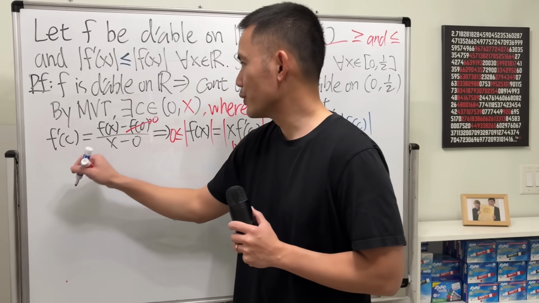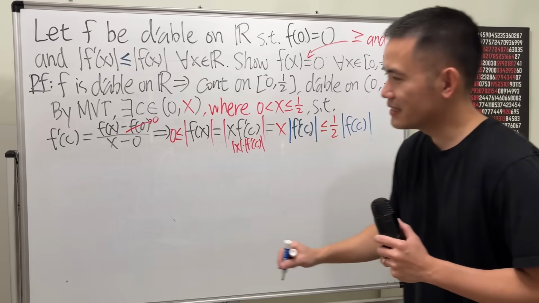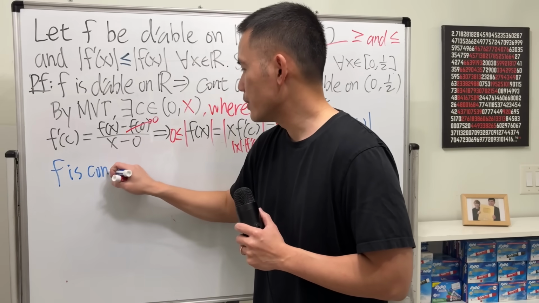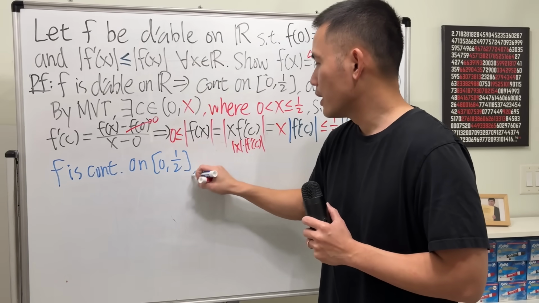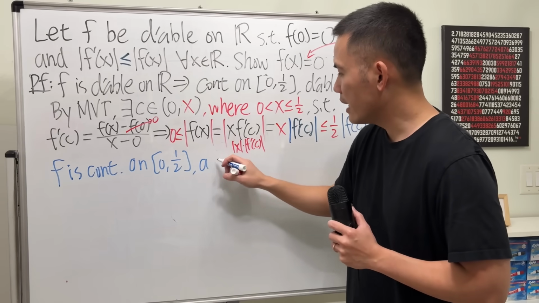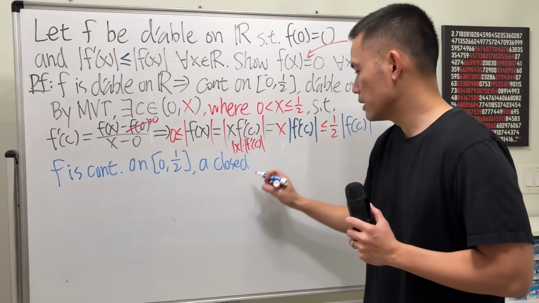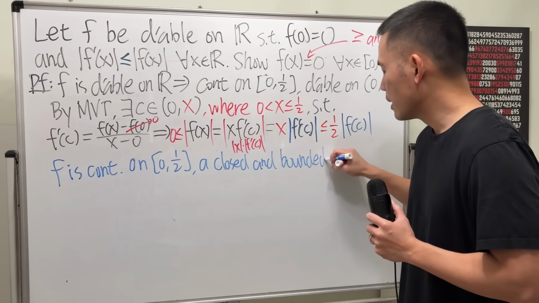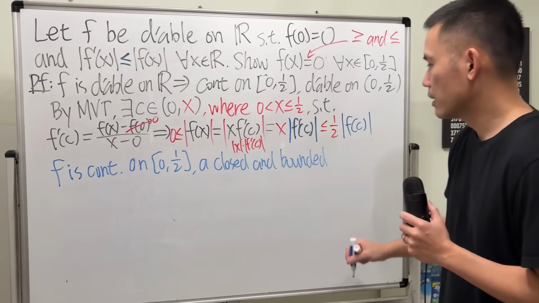And of course, just like when you use the MVT, you have to write down a little statement like this. So we will do that too. So I will say f is continuous on 0 to 1/2. Right here, the keywords are, you have to mention this is closed, meaning you include the endpoints, and bounded, meaning it's a finite length for the interval.